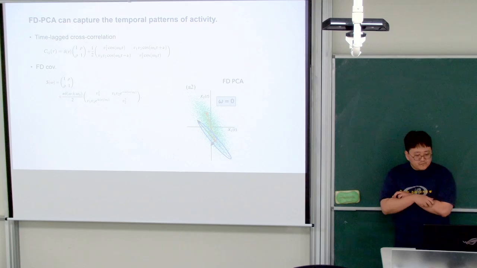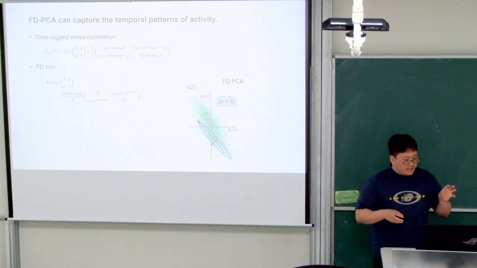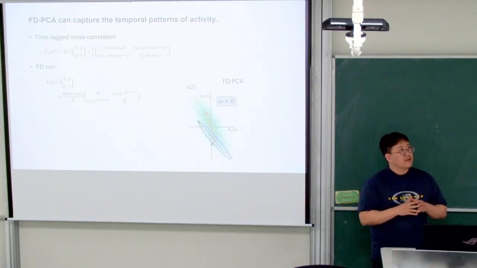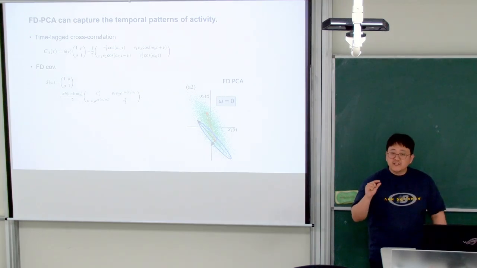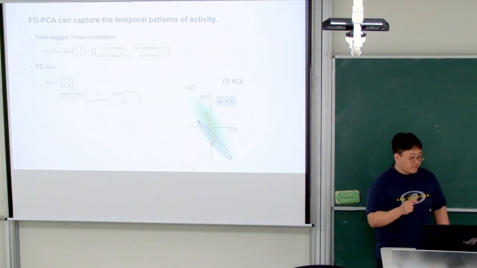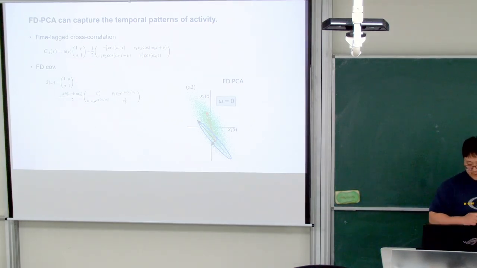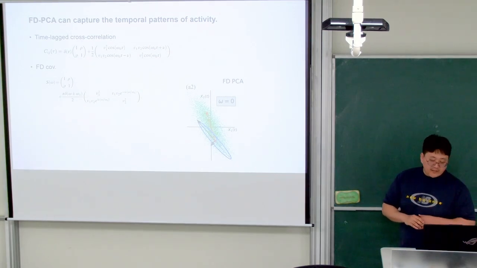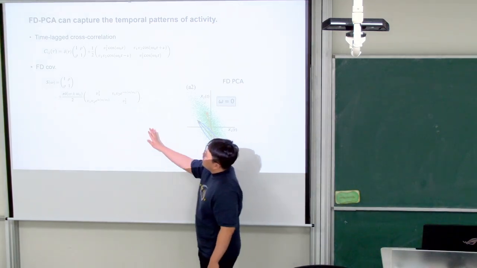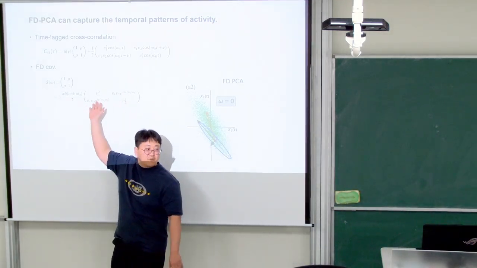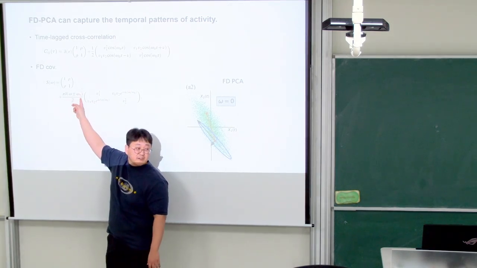Okay, then we can calculate the FD covariance matrix with respect to the omega. So we can change the omega now, the variable for the covariance matrix. Then let's calculate at omega equal to 0. The second term will be 0, because we have the delta function in here.